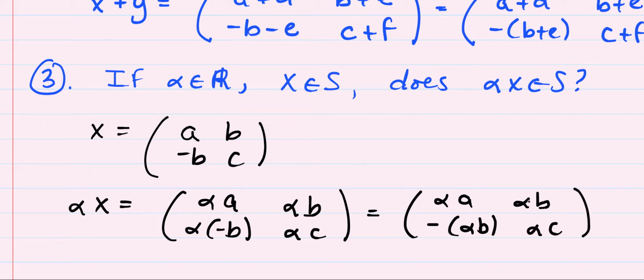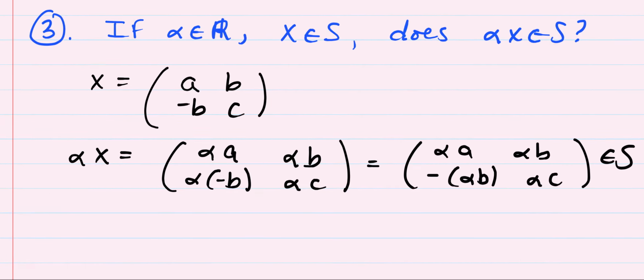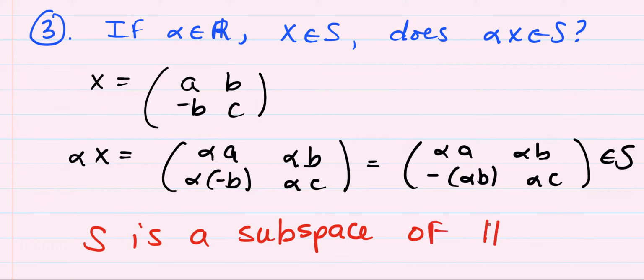And you can see this takes the form of elements in your subset S. So this belongs to S. And now we've checked all the properties. So S is a subspace of the 2x2 matrices.